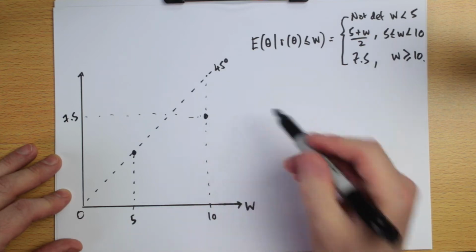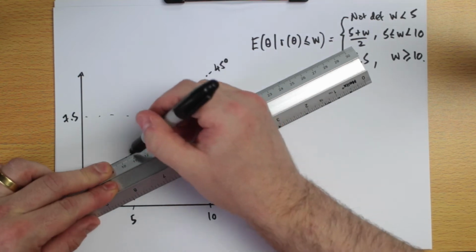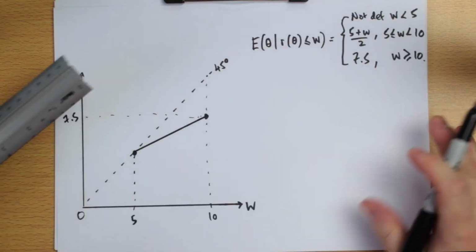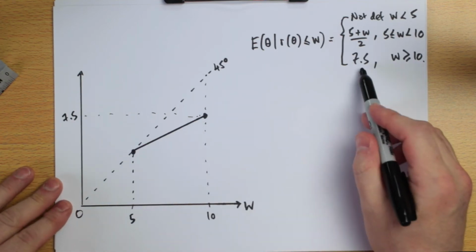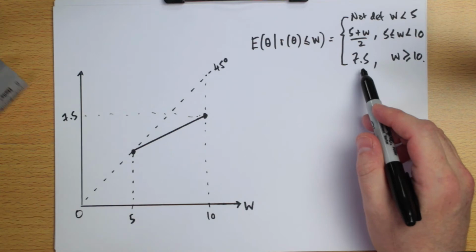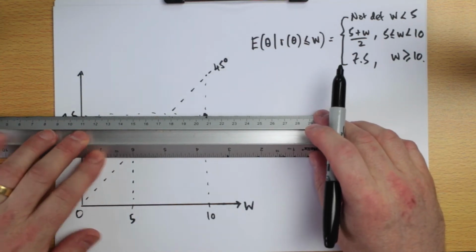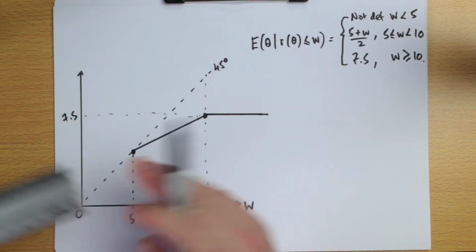Then I draw this piece increasing with slope 1/2, a straight line. After this point, as the wage goes higher and higher, it's just flat at 7.5, so I draw a flat straight line ever after.